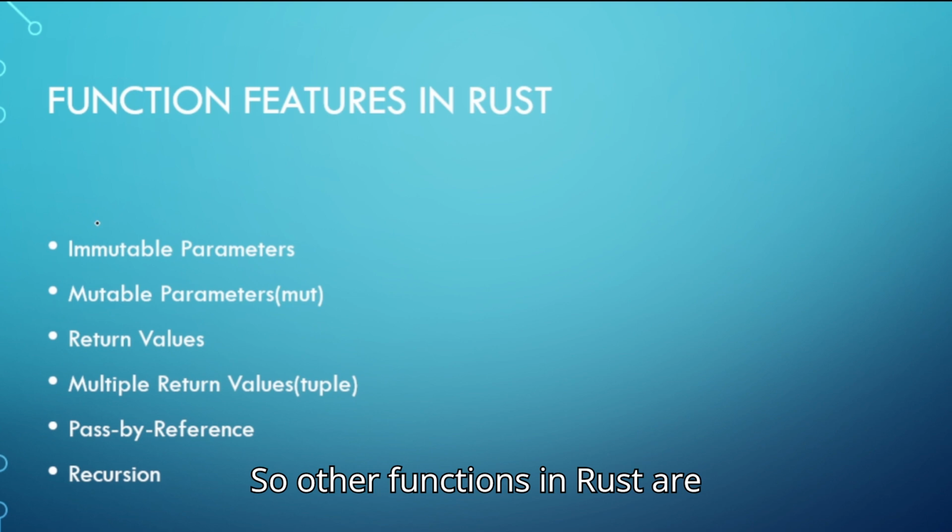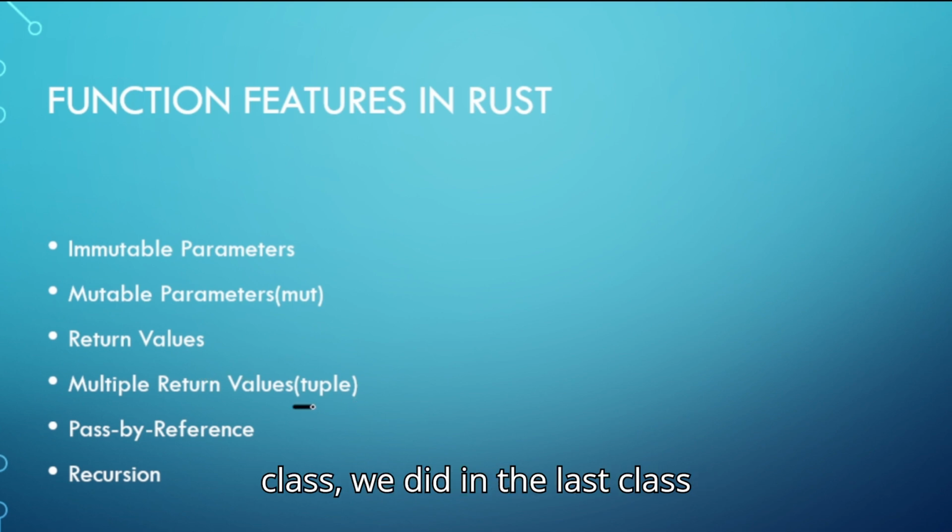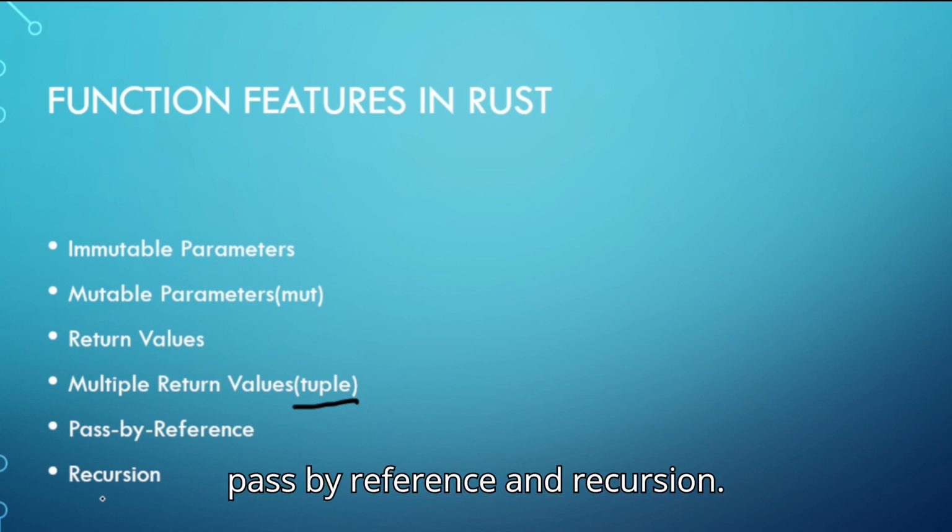Parameters in Rust are immutable by default, and we can use mut in the parameter to make them mutable. We can also return multiple values, as we did in the last class with tuples, pass by reference and recursion.